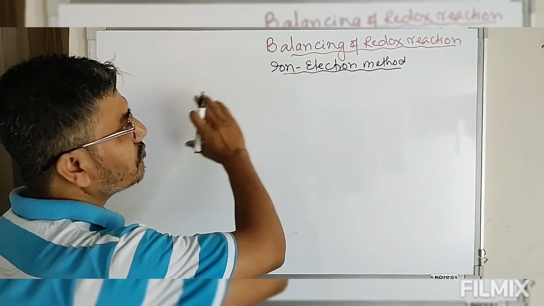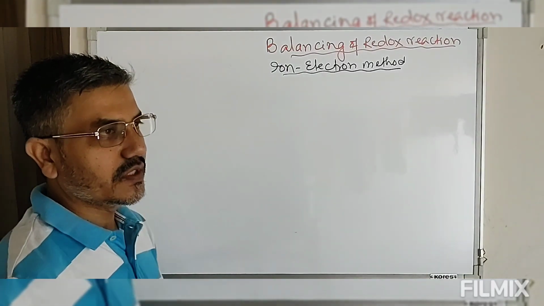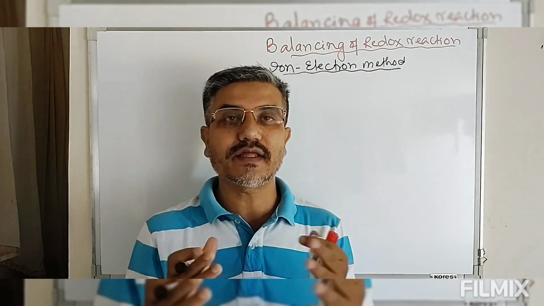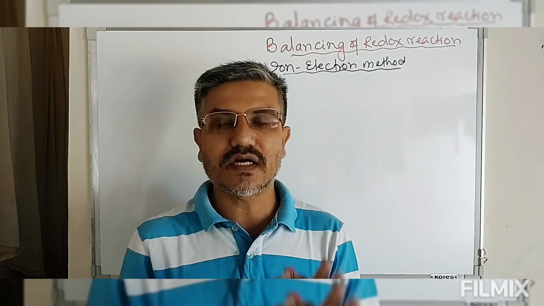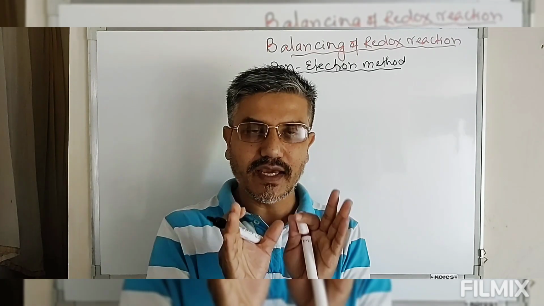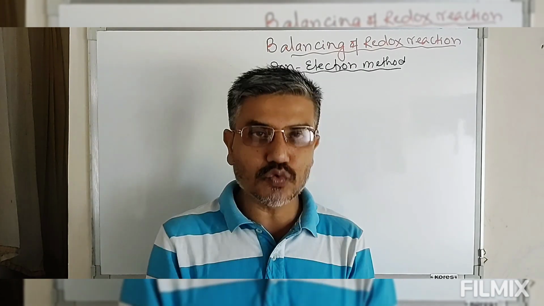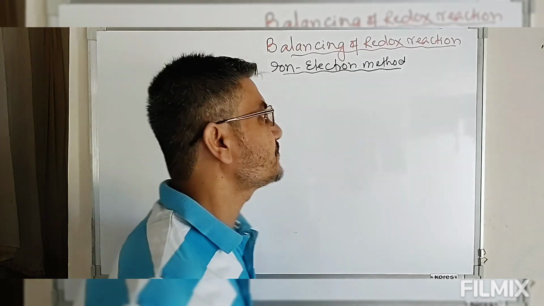Now to balance this we have to follow a certain set of rules. Every time you don't have to write down the rules, you just have to follow them. These rules are just for your understanding only. I'll explain the rules and we have to use them while balancing a redox reaction.